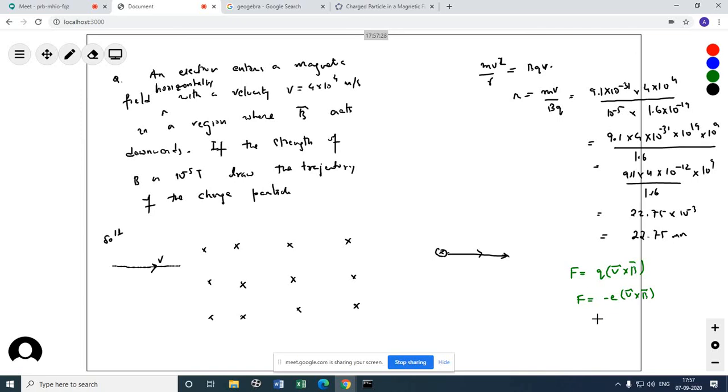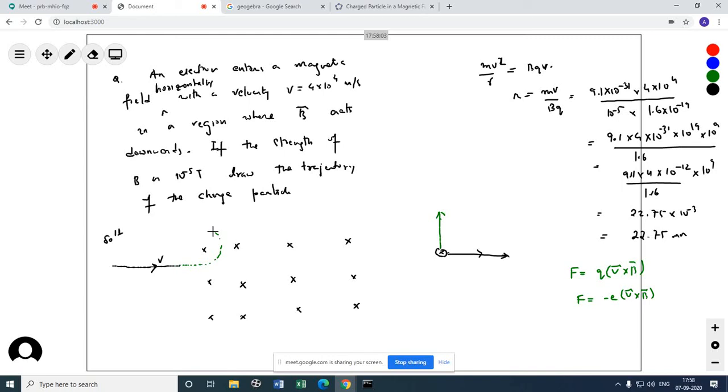Minus is there, no? So that means the force is negative. It's a very fine concept here. If I take the right hand, align it with the velocity vector and fold it toward the magnetic field, then the force is coming this way. But for an electron, if this was a positive charge, it would have gone this way.